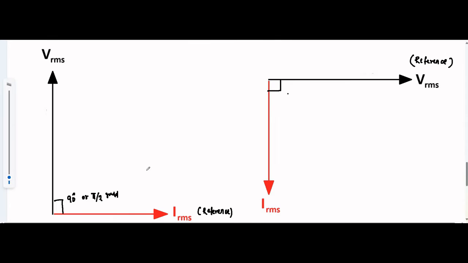Here voltage leads current by pi by 2 radian, 90 degree. Here current lags behind voltage by pi by 2 radian or 90 degree. This is VT leads IT. Here IT lags behind VT, all by a margin of pi by 2 radian, 90 degrees.